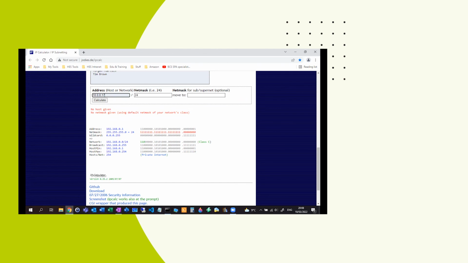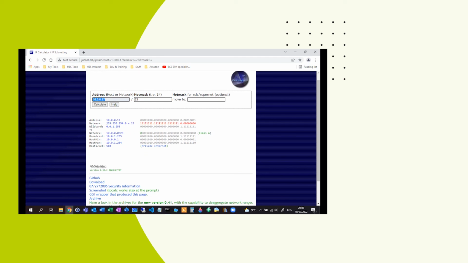Okay. And it's not, let's say, a slash 24, because we can all calculate this very easily in our minds. But let's put another subnet mask. Let's do a slash 23, for example. We didn't go upwards. And I hit calculate.